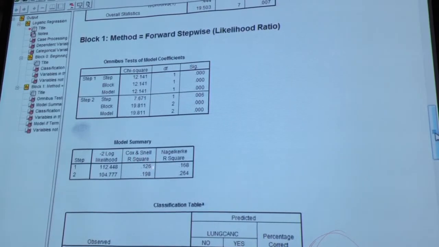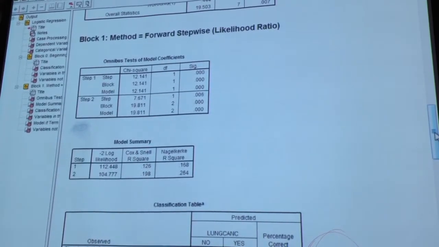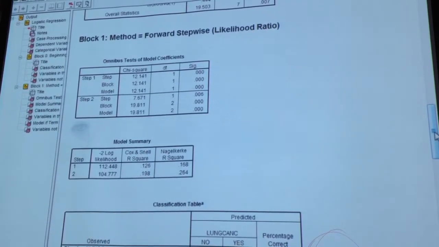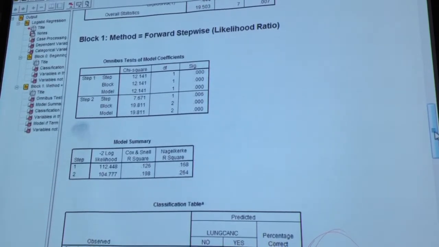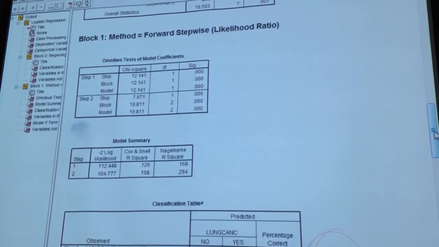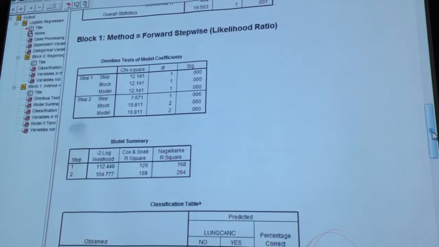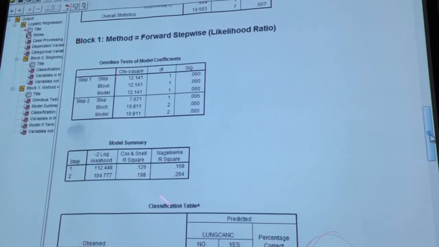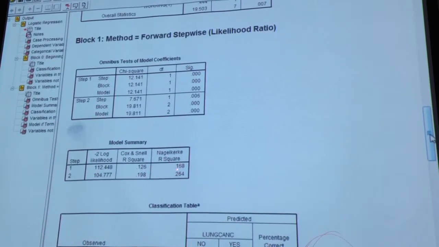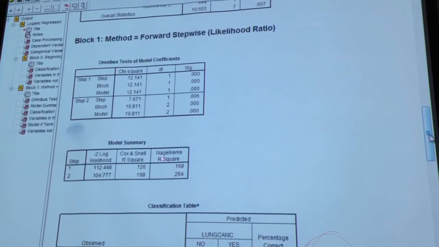So we don't refer to the Cox and Snell because it is the non-standardized R square. So we must refer to the Nagelkerke here. After they make it standardized, the value becomes 0 to 1. So we can see the percentage. So what is the dependent variable?